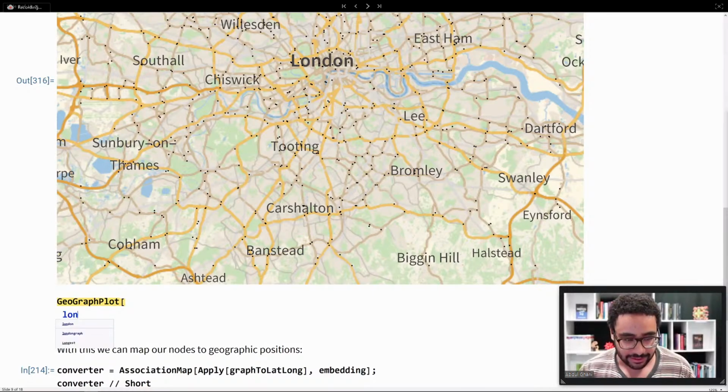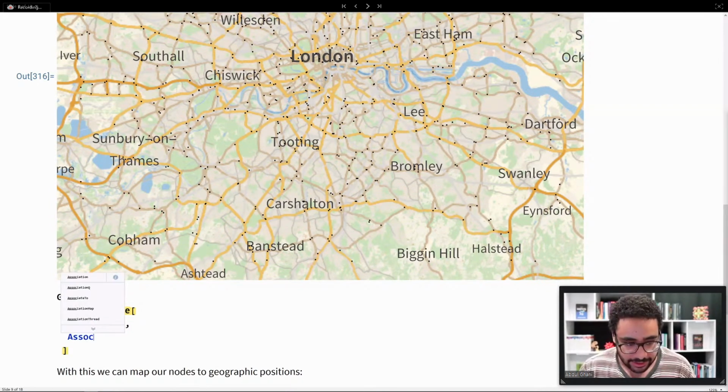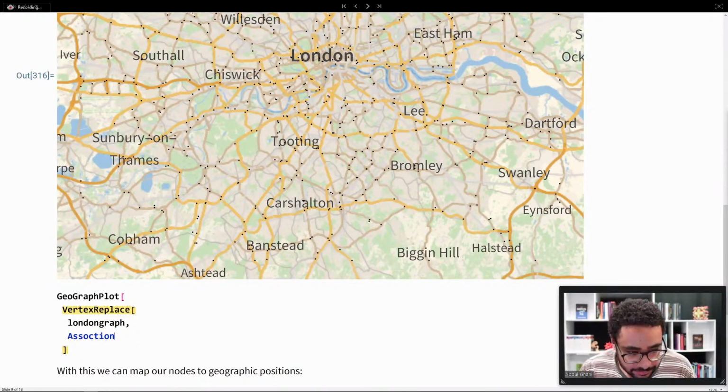So we have this London graph, but we want to replace the vertices, because this London graph's vertices don't have the latitude and longitude associated with them yet.